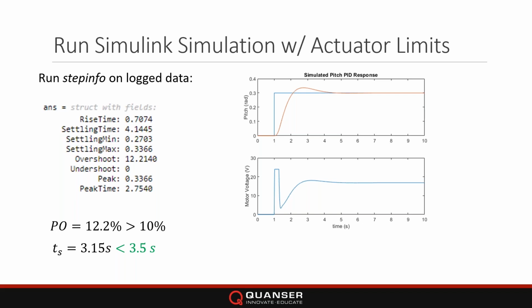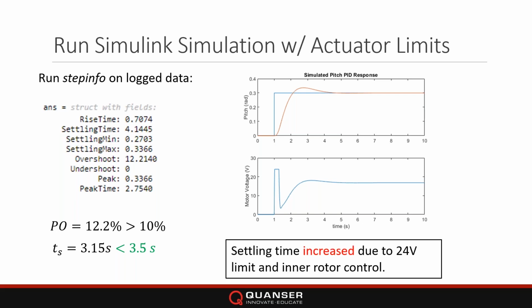So it still exceeds slightly my 10% goal, but still, it's interesting that that decreased, right? And most likely because of the actuator saturation or something like that. The settling time is good. It's 3.15, which is less than my objective of 3.5 seconds.